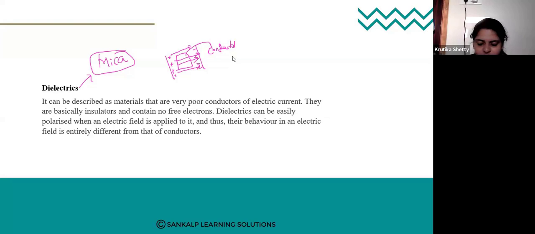Understood? Okay. Which one to repeat? Which one do you want me to repeat? Yes, dielectrics. Is it clear? Electrostatic shielding, dielectrics. Any doubt in this?